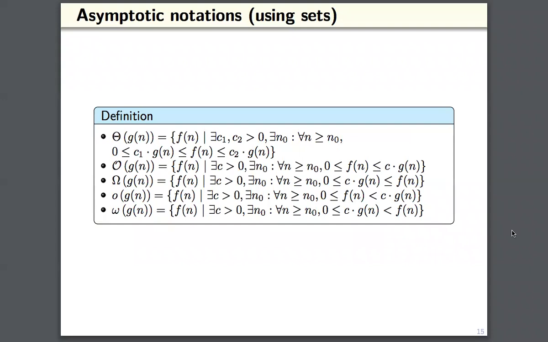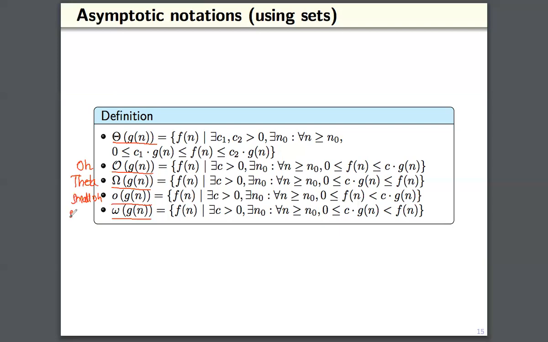Using set notation. Okay, what are these notations? Theta of g of n, O of g of n, omega of g of n, small o of g of n, small omega of g of n. So this is called big O. This is called big theta, or this is called small o.